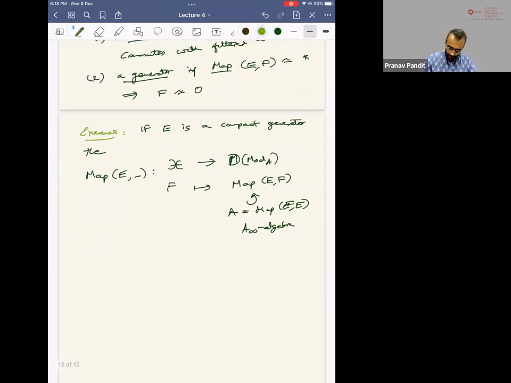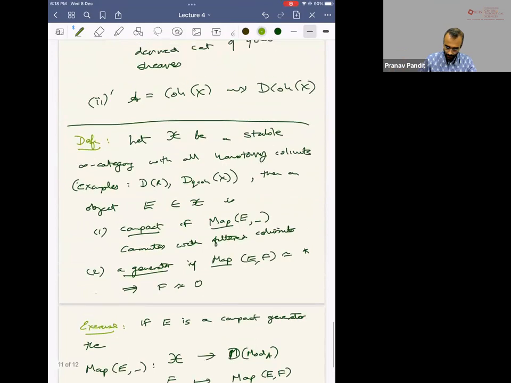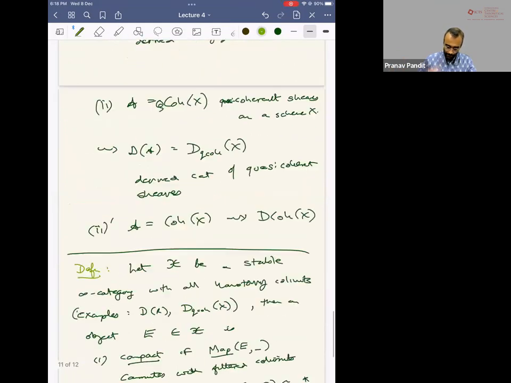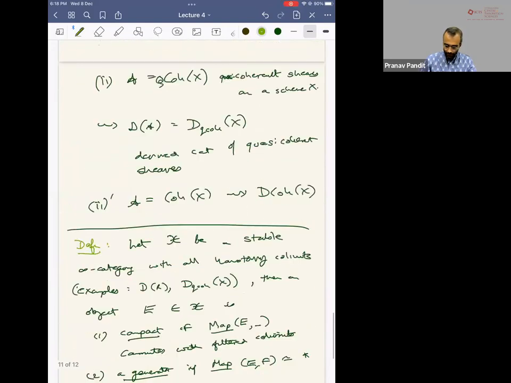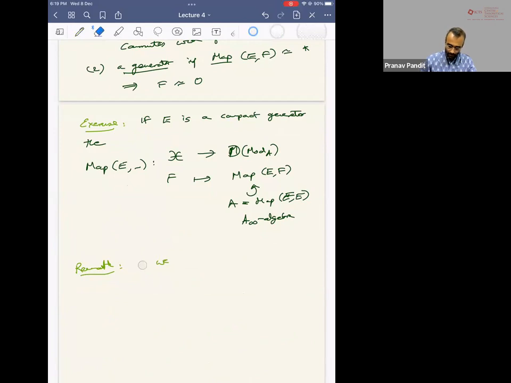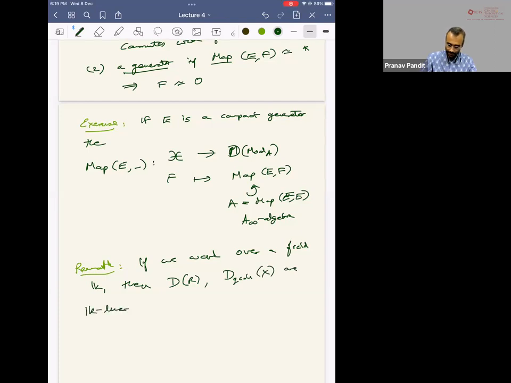Okay, so maybe I should just remark that in the two examples that I gave, if we work over a field K, then D of R and D of Q co of X are K-linear categories, K-linear infinity categories.